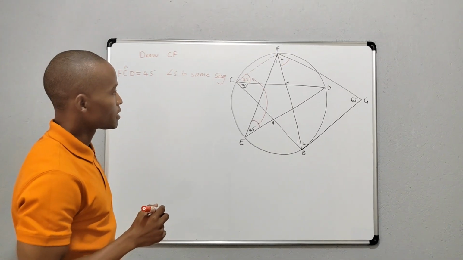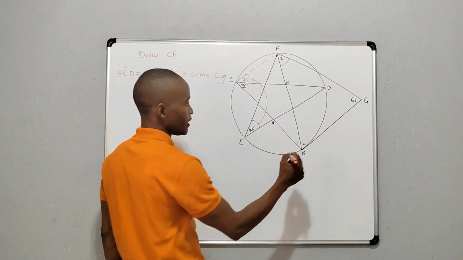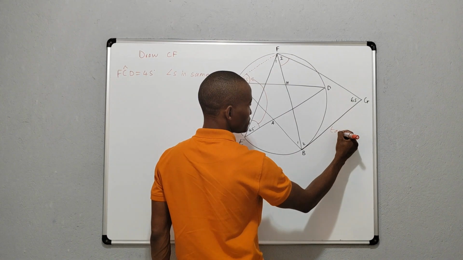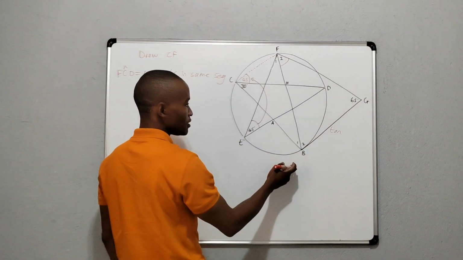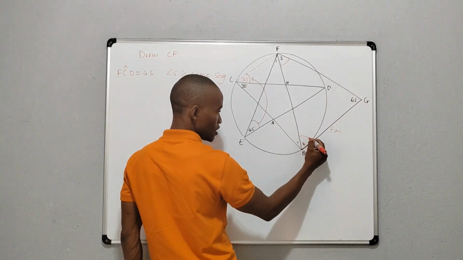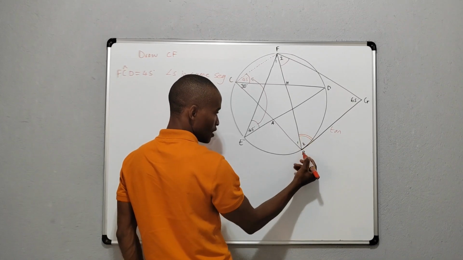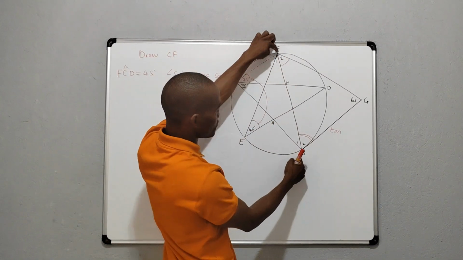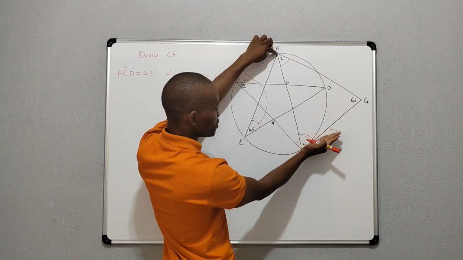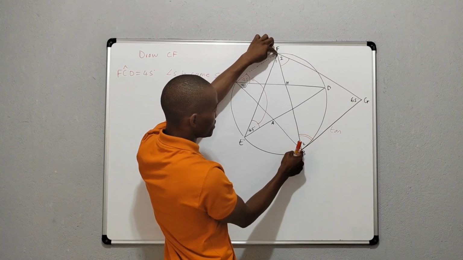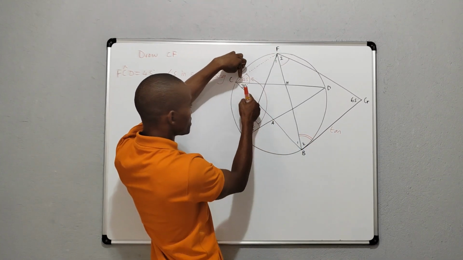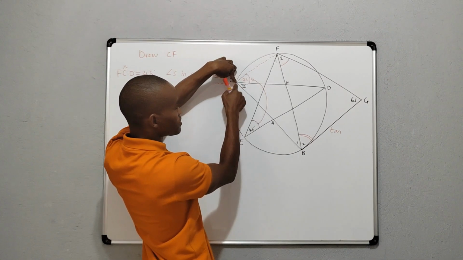Good. But then we have a tangent GB. Okay, the angle between the tangent and the chord, in this case FB, is equal to the angle subtended by the same chord in the alternate segment.